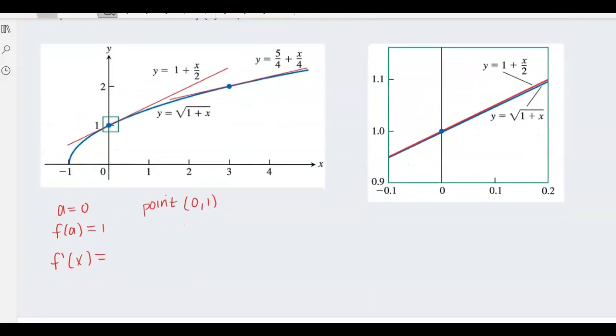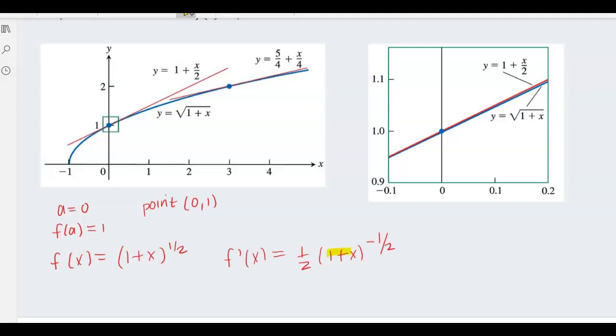Let me actually rewrite this first. Let's write f of x instead as 1 plus x raised to the 1/2 power, so we can use the power rule. So f prime of x is going to be 1/2, and then we'll drop the power down by 1, 1 plus x to the negative 1/2.